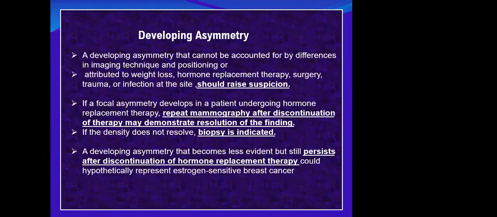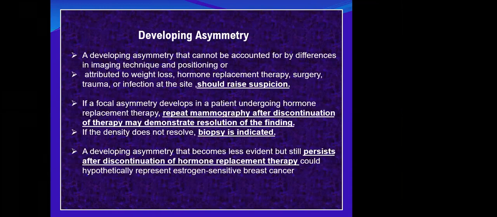Okay, so a developing asymmetry that cannot be accounted for by differences in imaging technique and positioning, or attributed to weight loss, hormonal replacement therapy, surgery, trauma, or infection at the site, should raise suspicion.